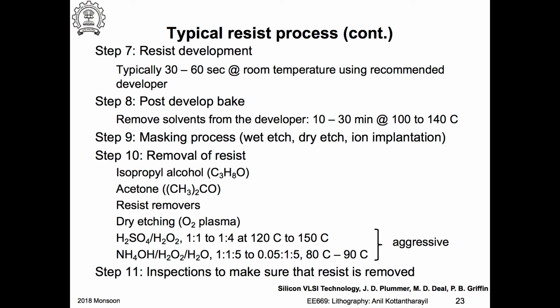The refractive index of these materials could be different, because you are using silicon nitride, for example. This would be a spacer, silicon nitride. This can be maybe a metal, I don't know. So there can be reflections from the surface. Because this is your photoresist, and it would have some absorption coefficient.